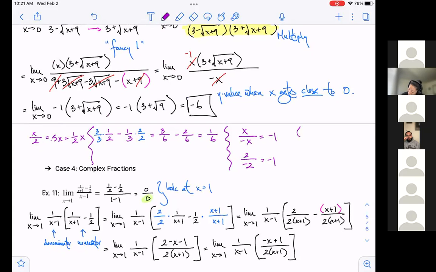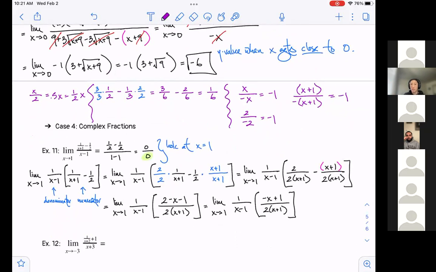If I have x plus 1 over negative x plus 1, what do you think this reduces to? -1. Exactly. It's like a dressed up version of the things that we saw over here. And Avi in the chat has really hit the nail on the head in terms of what we're hoping to do here.